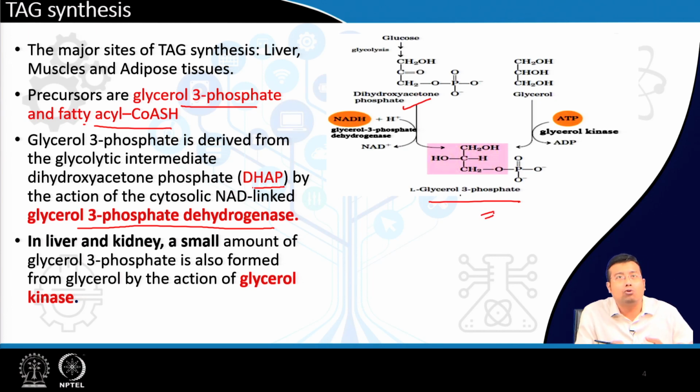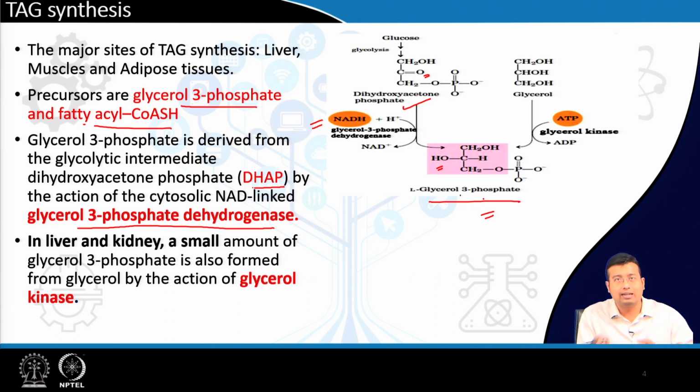Who is the reducing equivalent over here? NADH. So, NADH is required to donate one H plus into the reaction. Then what happens? In dihydroxyacetone phosphate, this keto group is reduced and replaced by an OH group, and thus it becomes glycerol phosphate.